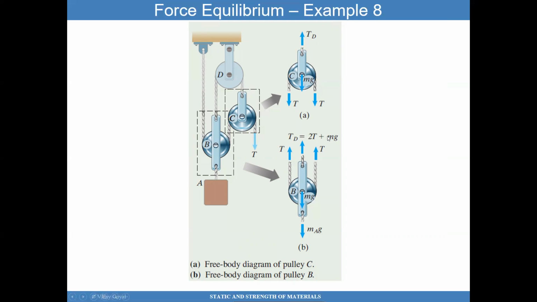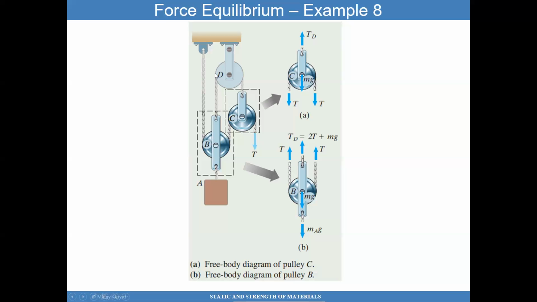That will give me 2T plus mg, because TD has to be equal to 2T plus mg to balance the forces in the x direction for that pulley system. Then I can do another free body diagram on B, and here I have a number of forces. I have the tension of this cable that goes to the other side. That tension has to be the same still. So this tension is T right there, and on the other side around the pulley, that tension is also T.